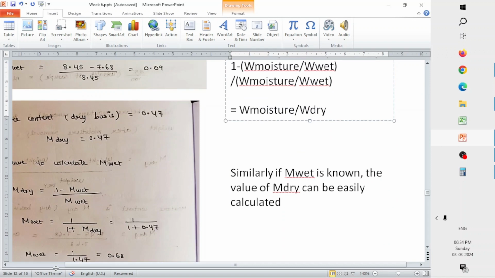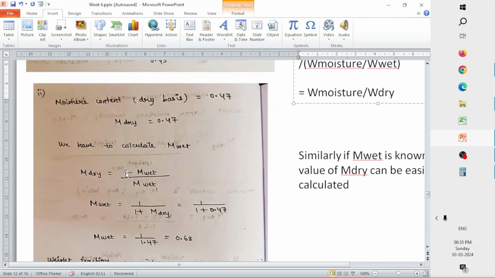So here also, similarly, if you know M wet, then you can calculate M dry very easily. Let's say they gave your M wet value as 0.53, then you can calculate 1 minus 0.53 divided by 0.53, and that will give your M dry.